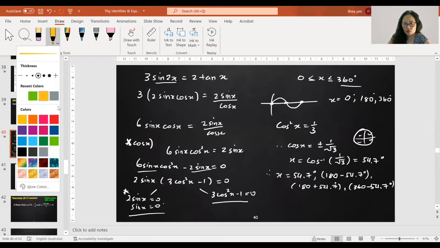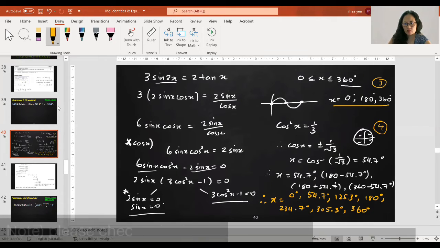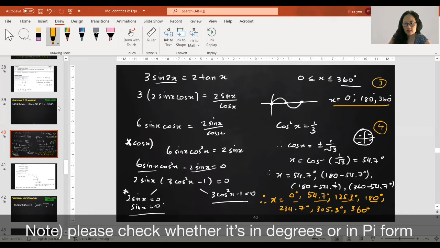The answer should be 0, 54.7, and so on. I'm writing it in order because there's 4 in here and there is 3 here. So we're going to get 7, right? 1, 2, 3, 4, 5, 6, 7.